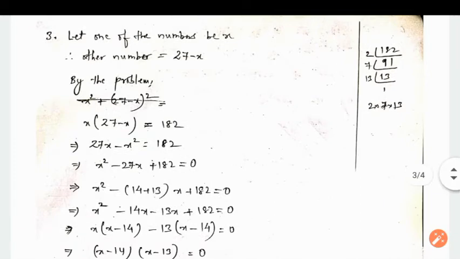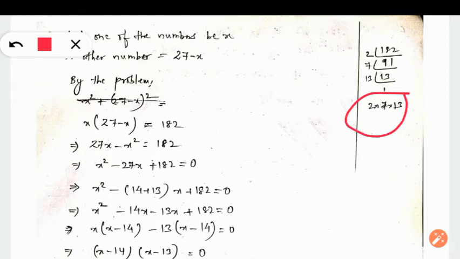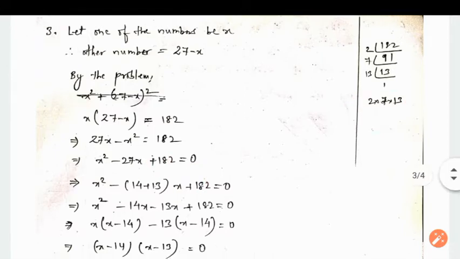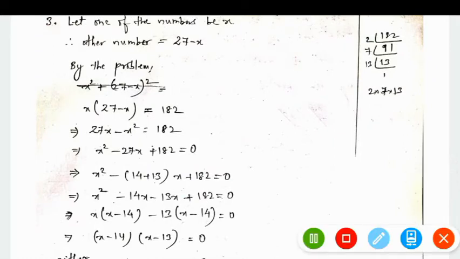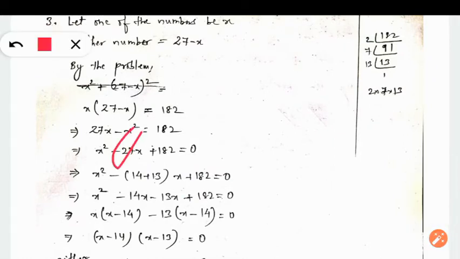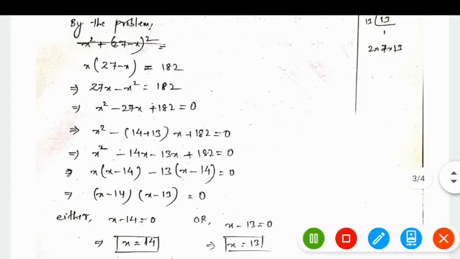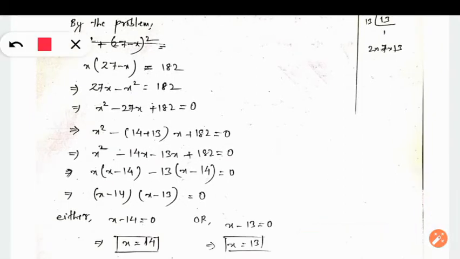Now see what you are required to do: you have to use these factors by adding them, because here we have plus, in such a way that you will get 27. So I think 2 sevens are 14, 14 plus 13 gives you 27, right? Now x is left here. Now multiply x.